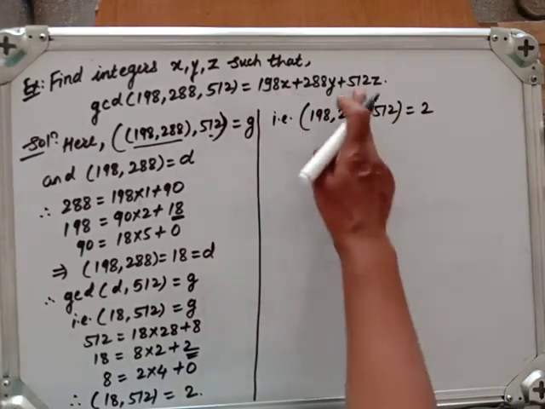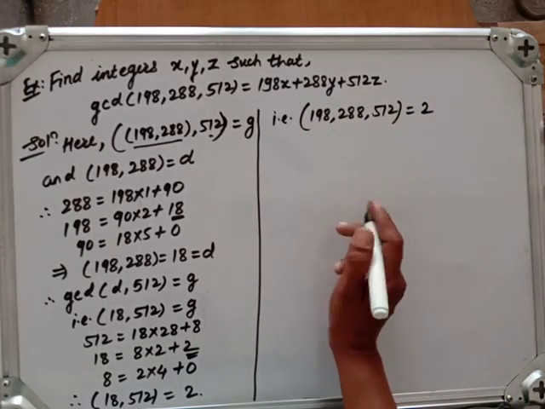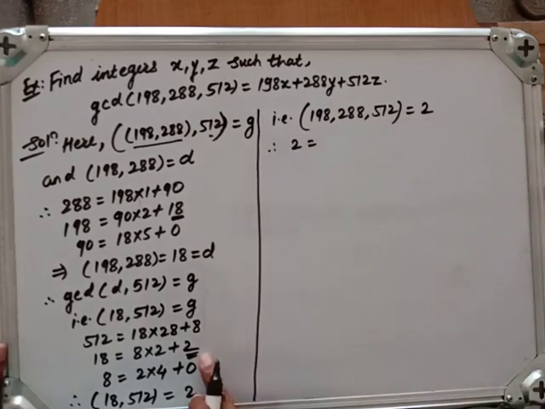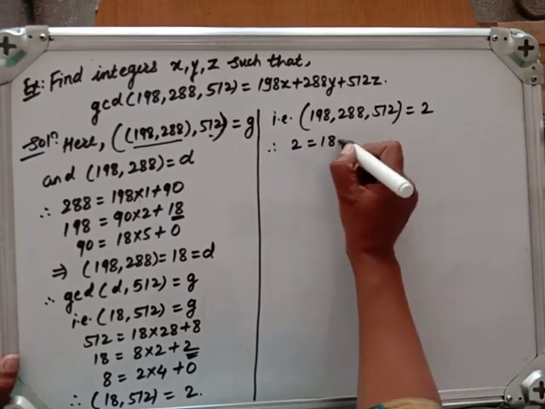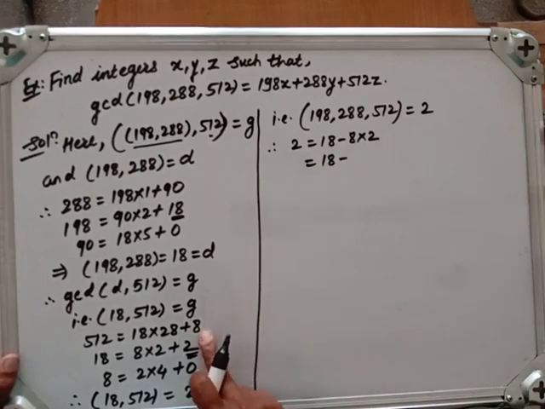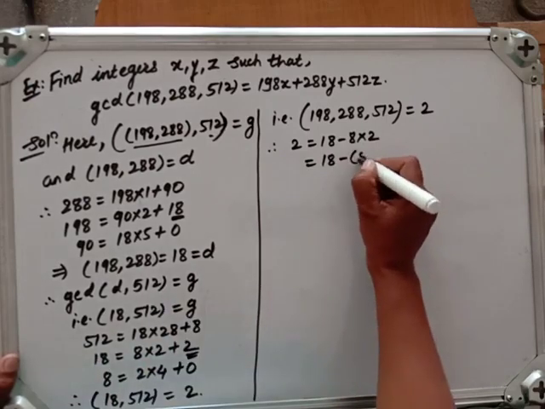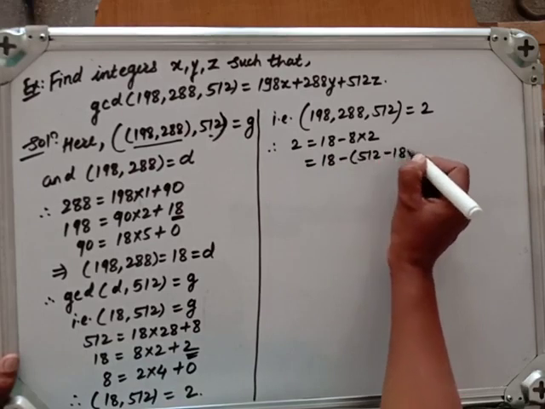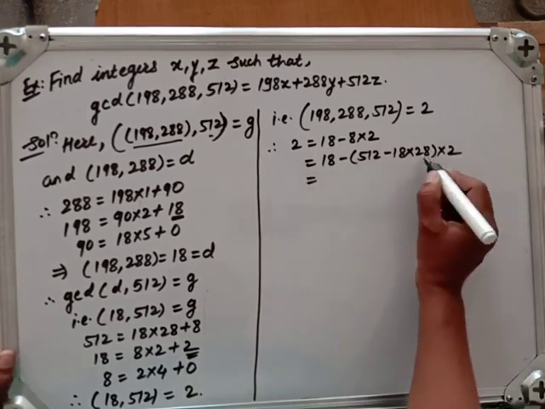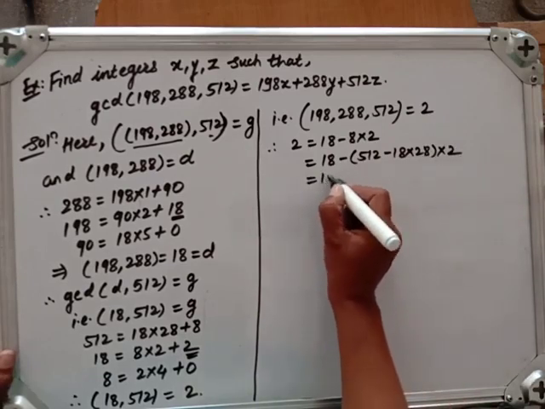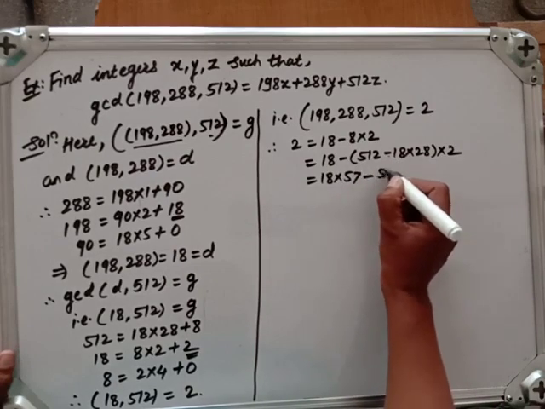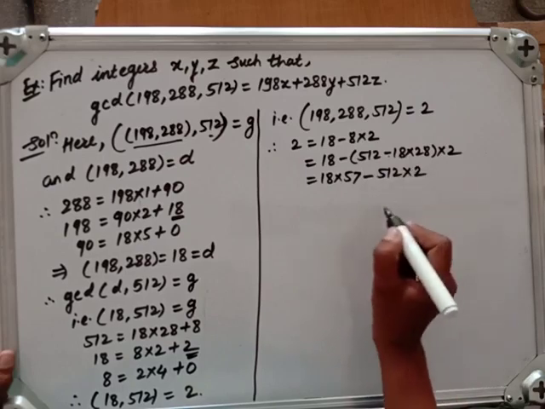Now our aim is to determine x, y, z. So let's go for that. This GCD is 2, therefore 2 can be written, from this equation, as 18 minus 8 into 2. From this, 8 we can write as 512 minus 18 into 28, into 2. So simplifying it, 18 into 57 minus 512 into 2.